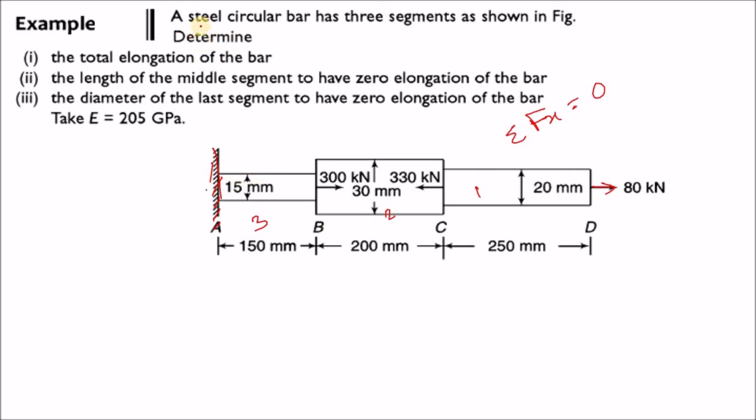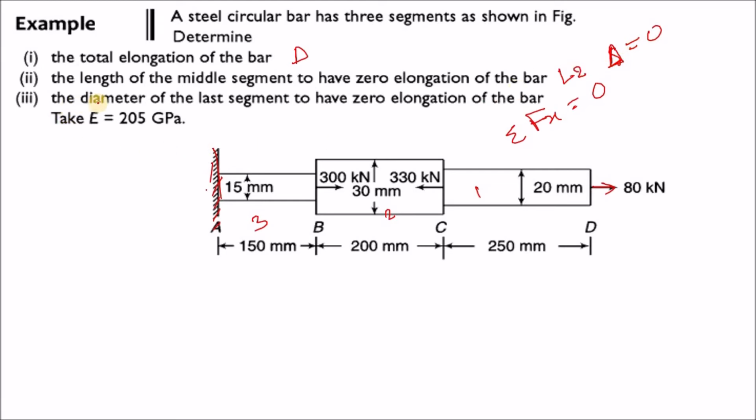First read the question. A steel circular bar has 3 segments as shown in the figure. Determine the total elongation of the bar. We need to find the total delta. The length of the middle segment for which the bar has 0 elongation. The initial length is given to us. In the second question, we need to find L2, because delta will be 0.